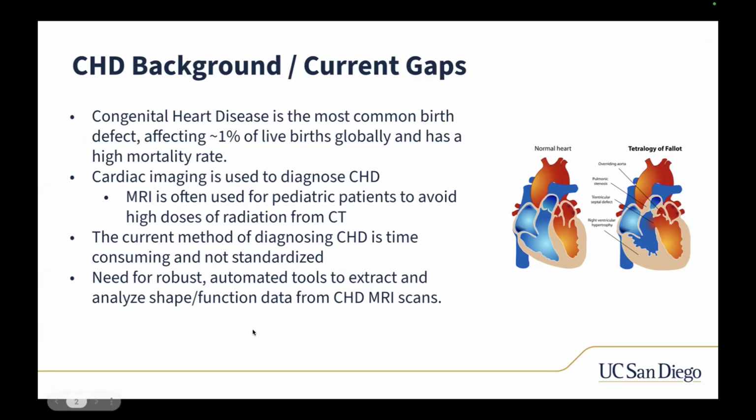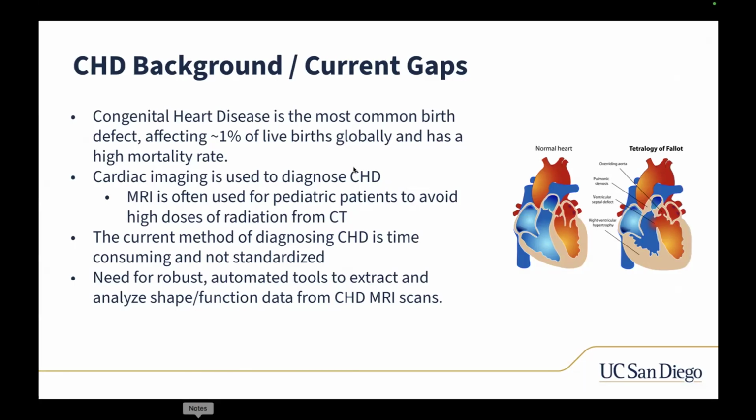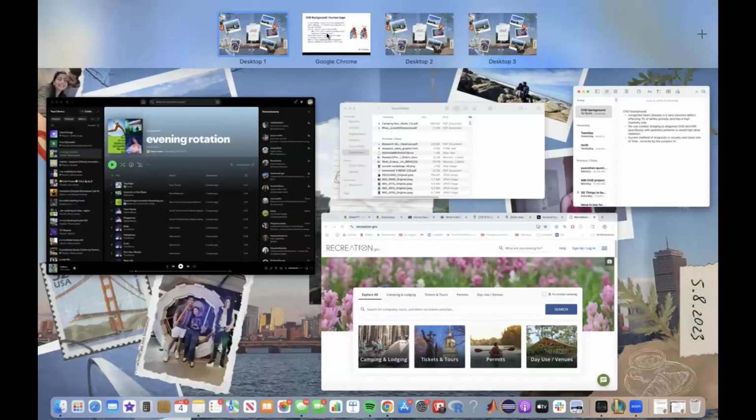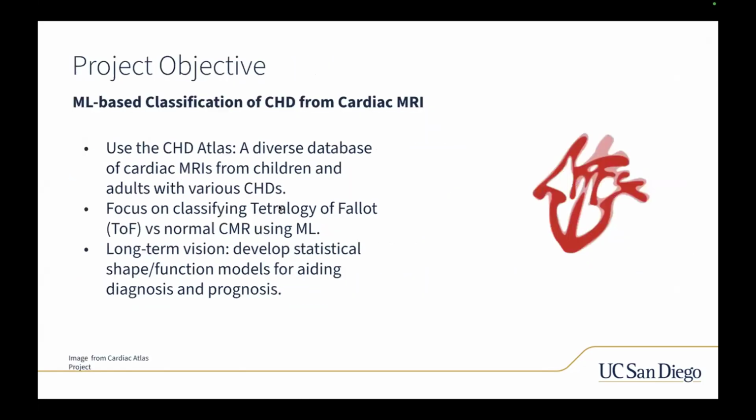And so there's a need for an automated tool to extract and analyze the shape and function data of these MRI scans. That's what we are starting to do here. That moves us on to our project objective.